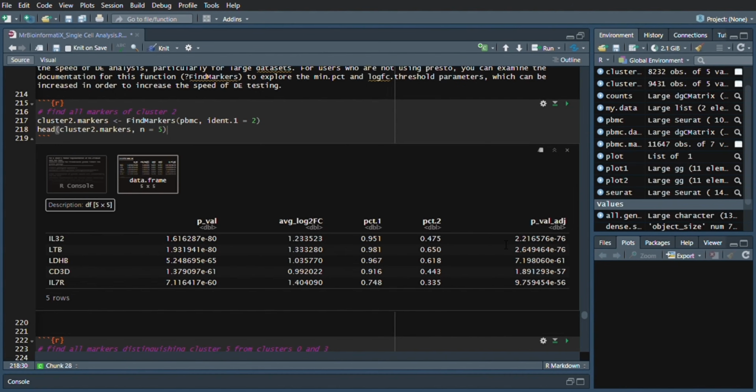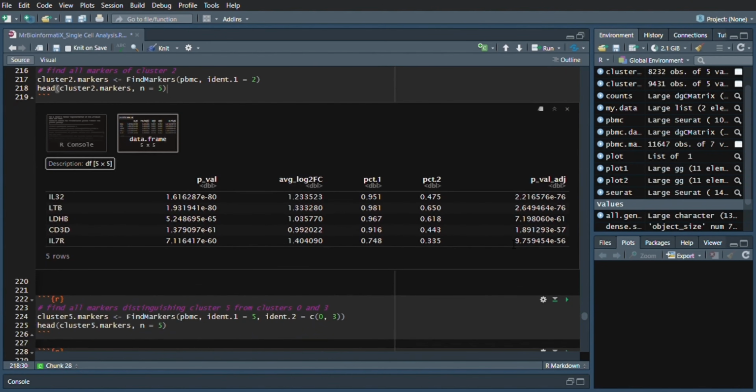And finally, the adjusted p-value, accounting for multiple comparisons. This value is corrected to reduce the risk of false positives. For the first gene, IL32, the adjusted p-value is extremely small, indicating very strong evidence that IL32 is differentially expressed.